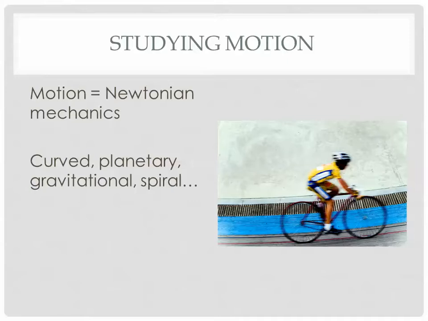We will investigate curved motion, like a ball on a string that you're spinning over your head. Planetary motion, we can actually calculate the speeds and the orbital times of planets. Gravitational motion, spiral motion, but these concepts are advanced and we need to be able to walk before we run. So we're going to begin with a very simple type of motion, which is straight line motion.